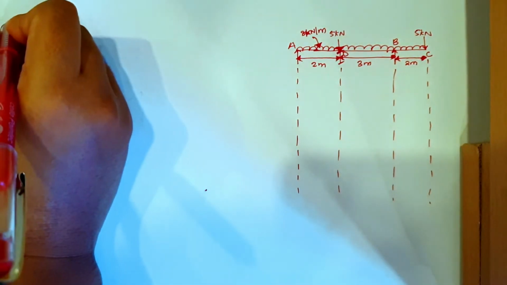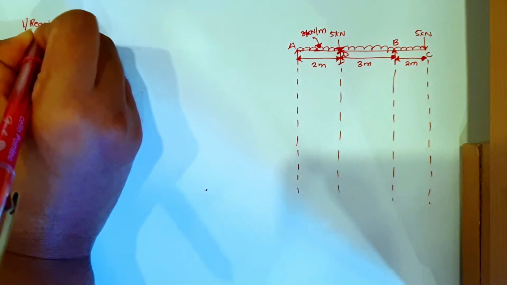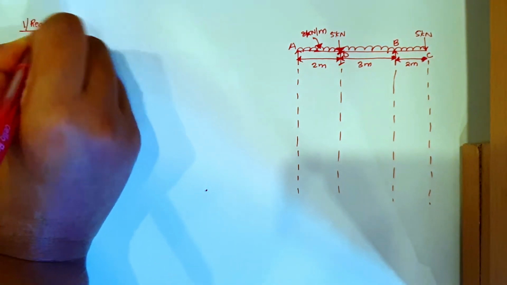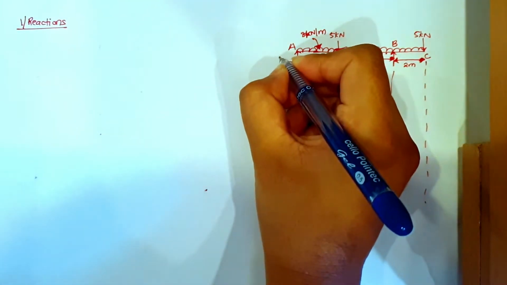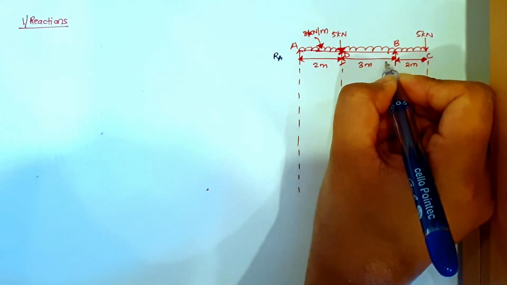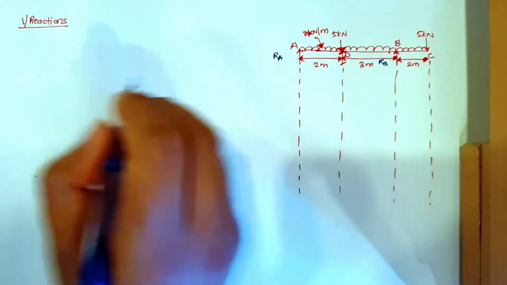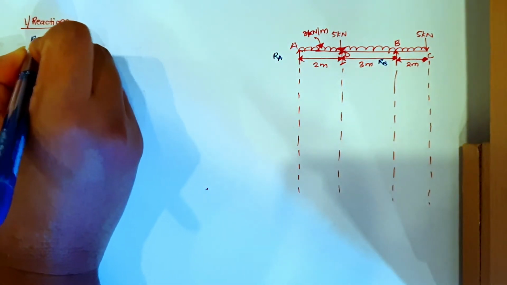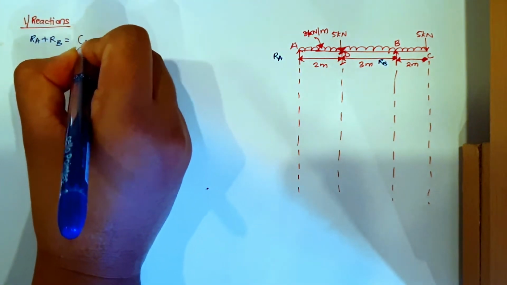Find its reaction. There will be a reaction at A because there is a support at A, and there is a support at B, so we'll have a reaction at B. So RA plus RB will be equal to the total load on the beam.